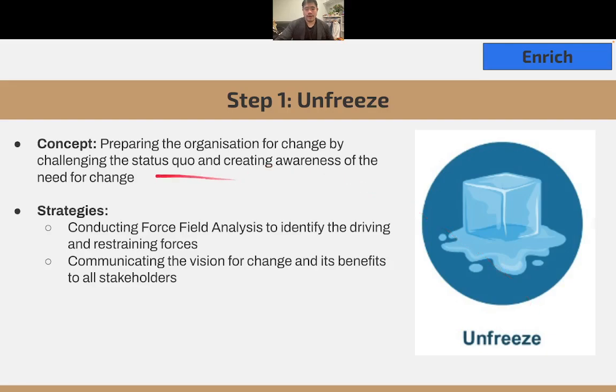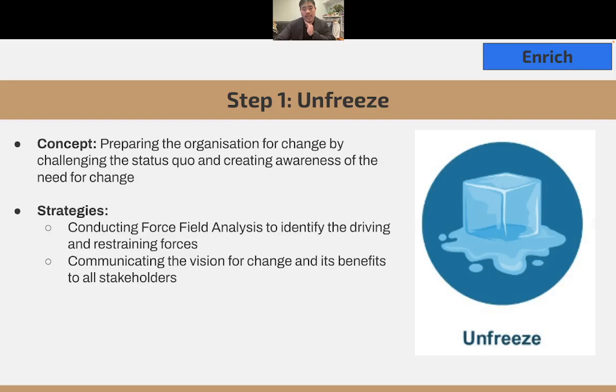So step one talks about preparing the organization for change by challenging the status quo and creating awareness of the need for change. So basically, if there is something that is wrong or something that could be improved, you let it be known that you're about to change these things by good communication. You create awareness, so you're basically telling your team about it. You can also get some feedback surveys as well, so getting them on board.